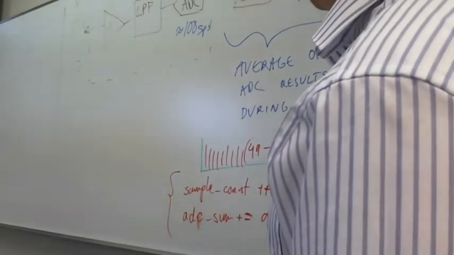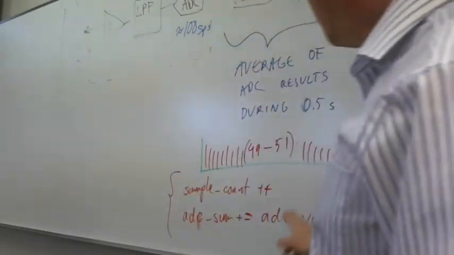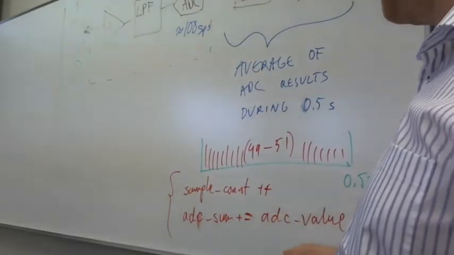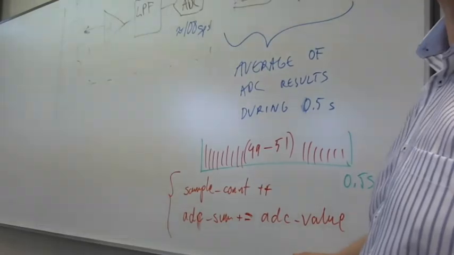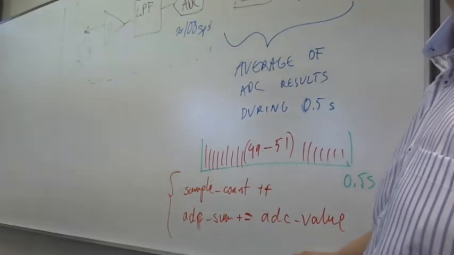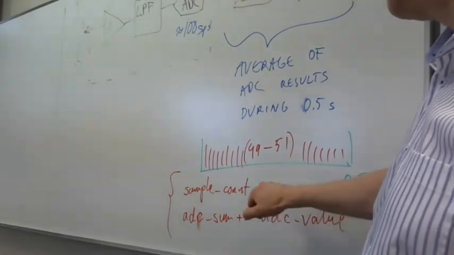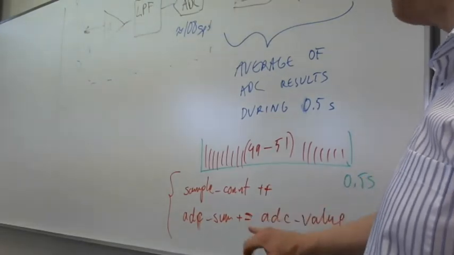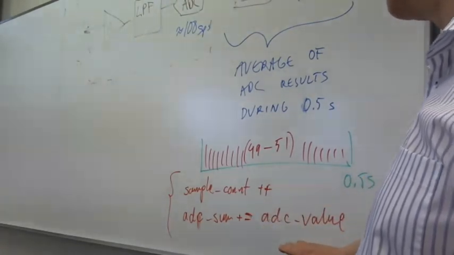Okay, but anyways, basically this you should do for every single A to D conversion result. You add to the sample count and then the sum.